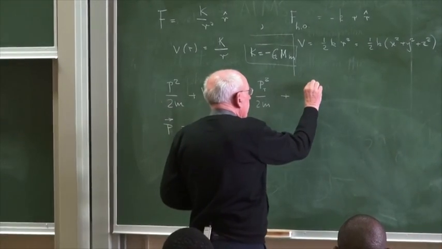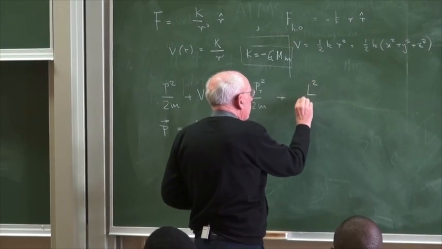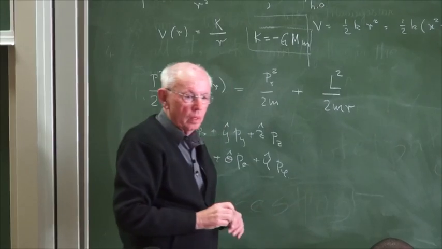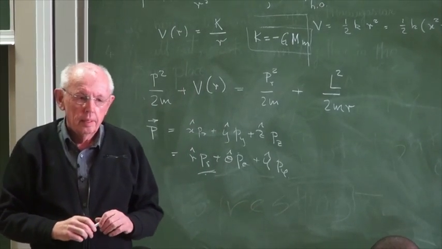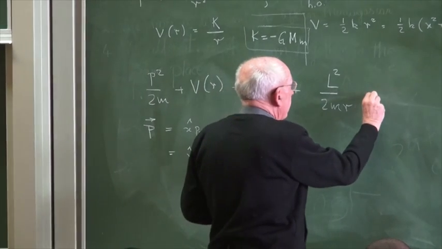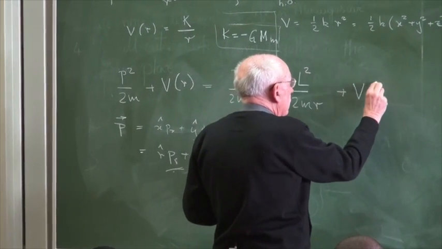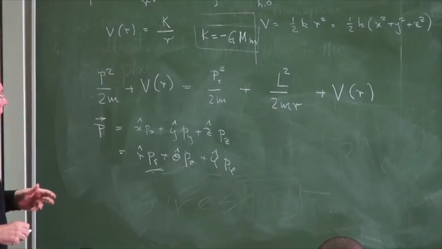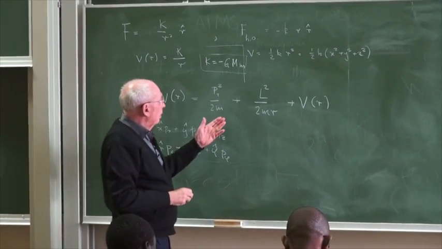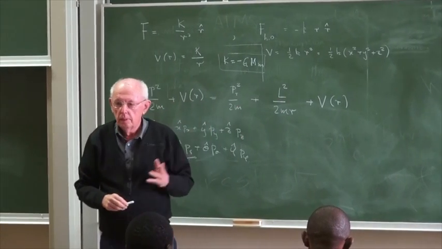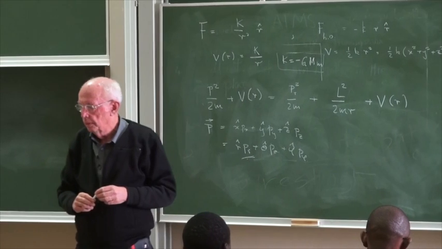I write this as L squared over 2mr squared, and then we have to add the potential V of R. And then we know that L squared is what?